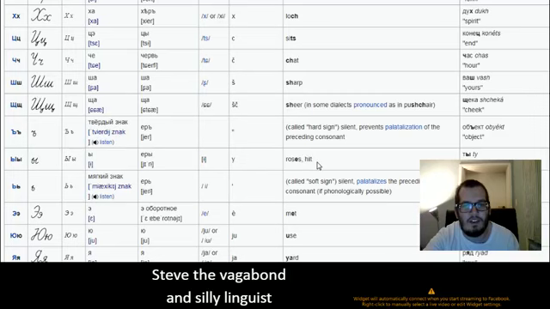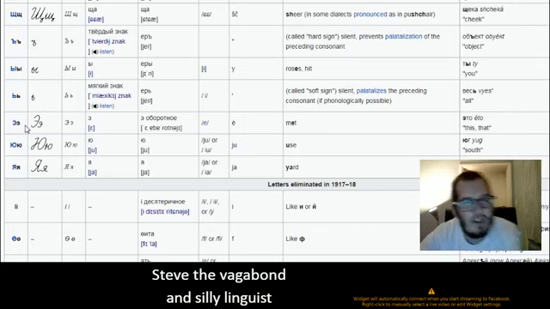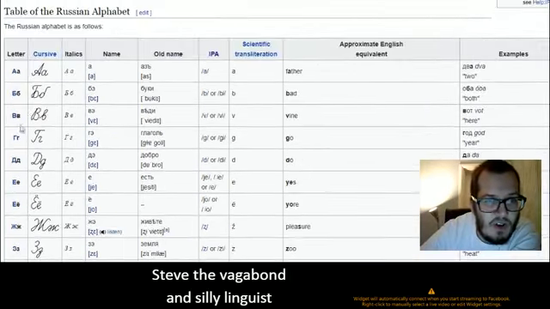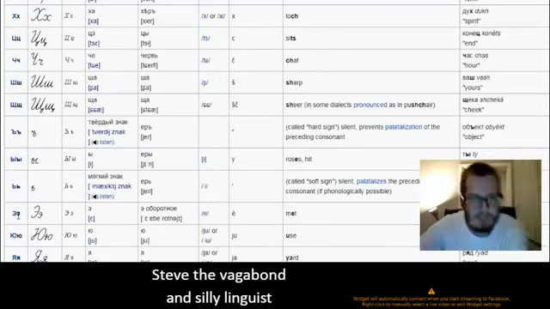And these last two shouldn't be too hard. This also looks a bit like an E or a 3, but you can see this one is curved and this one is straight. So a bit like a backward C with a line.